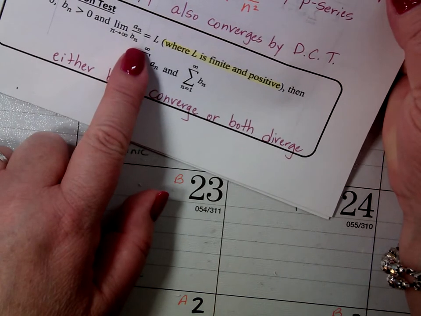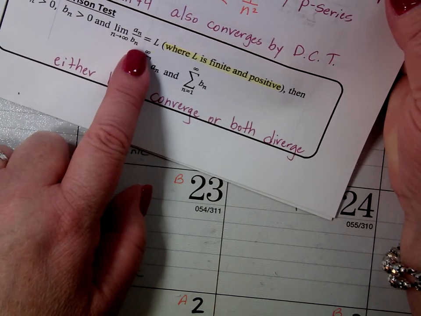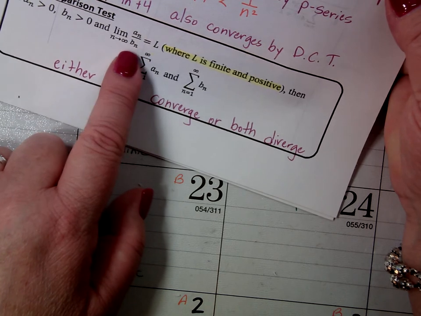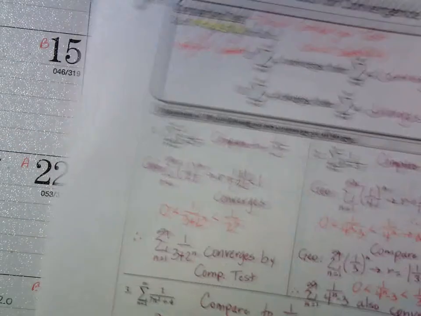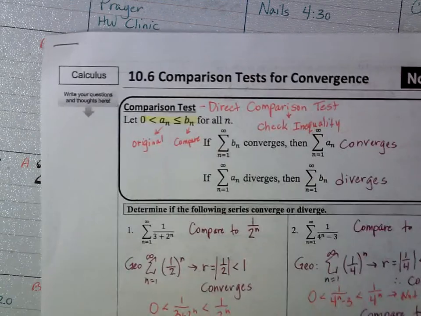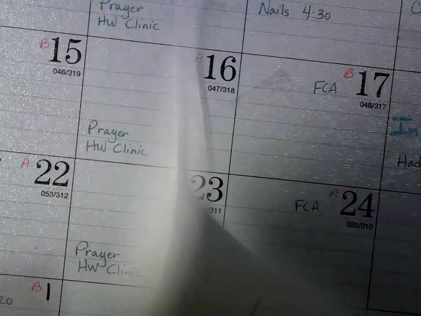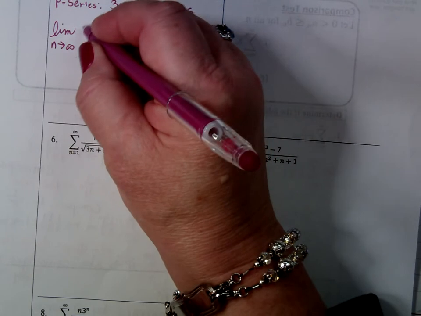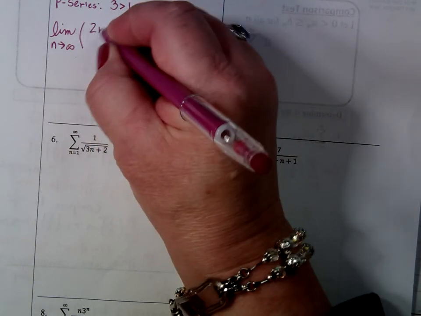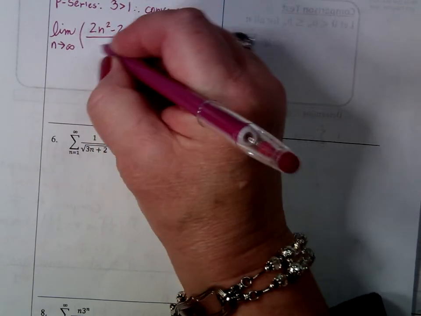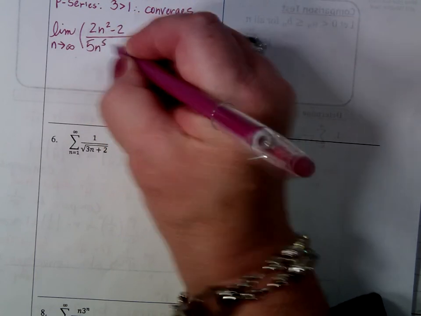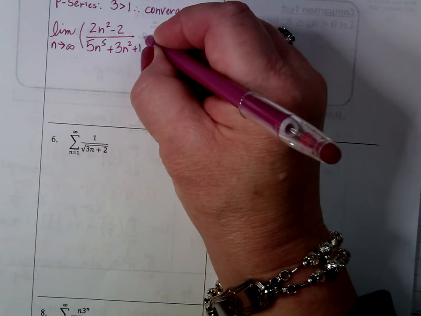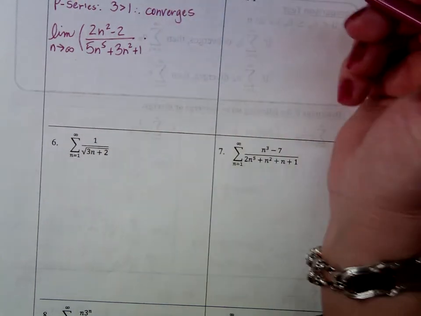So I have to take a sub n, what the original one is, and divide it by what I'm comparing it to. All right, so that's where I'm getting this from. So I'm going to take a sub n, that's this whole big crazy original thing, 2n squared minus 2 over 5n to the 5th plus 3n squared plus 1. And I have to divide it by 1 over n cubed.